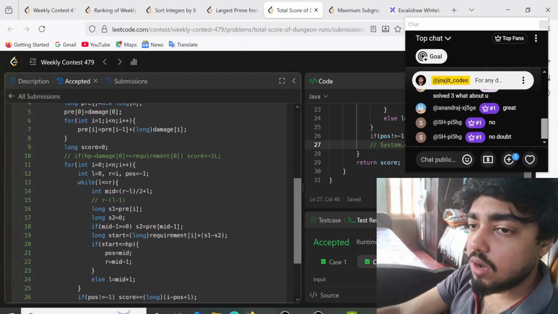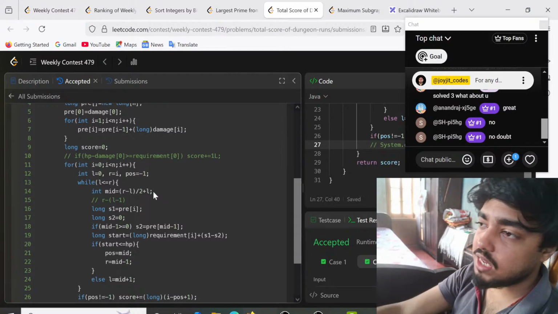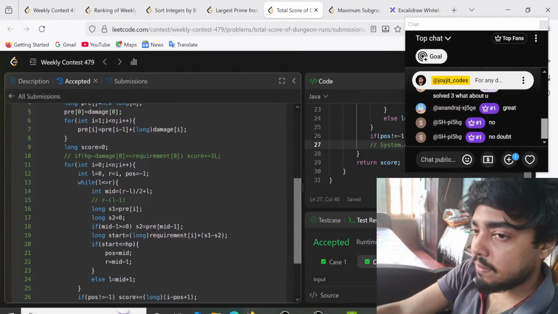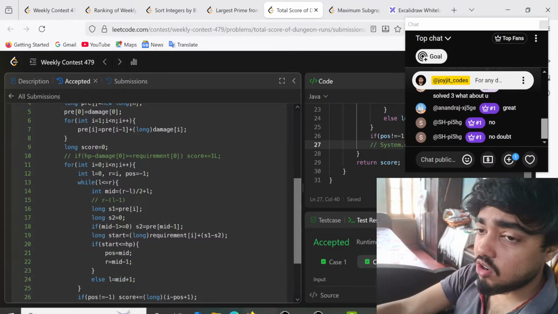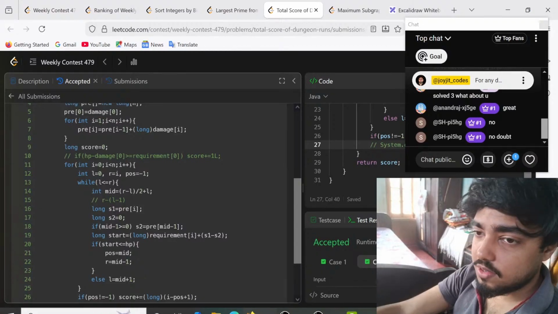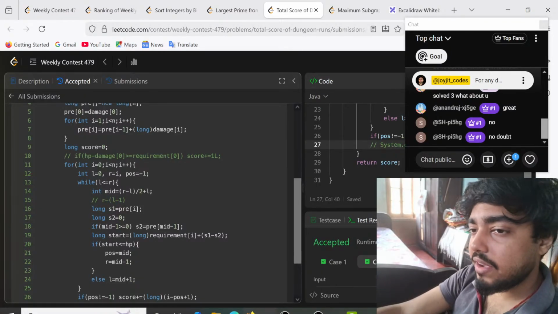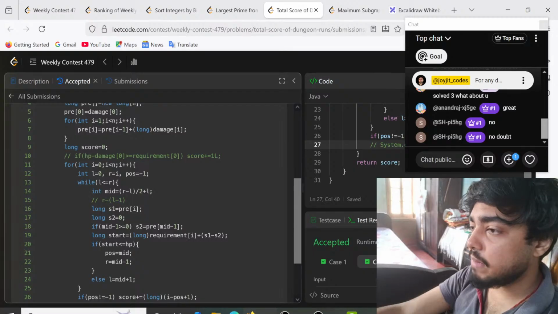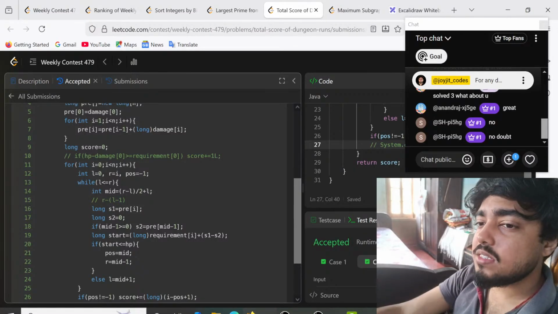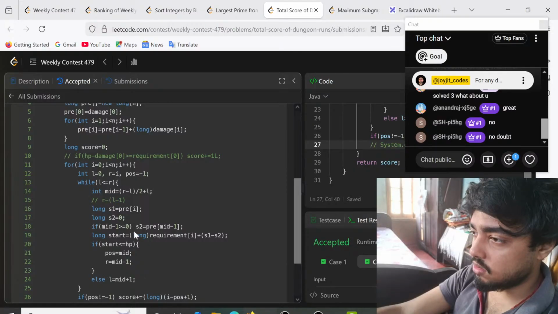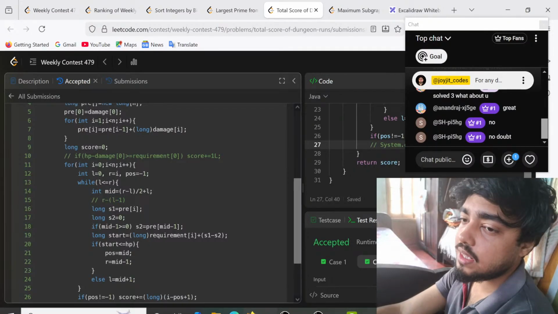While L is less than or equal to R, mid is equal to L plus R by 2, which is basically an expression of L plus R by 2 that doesn't overflow. Then S1 is equal to prefix of i and S2 is equal to prefix of mid minus 1. It is 0 if mid minus 1 is less than 0, so in that case we make it 0.